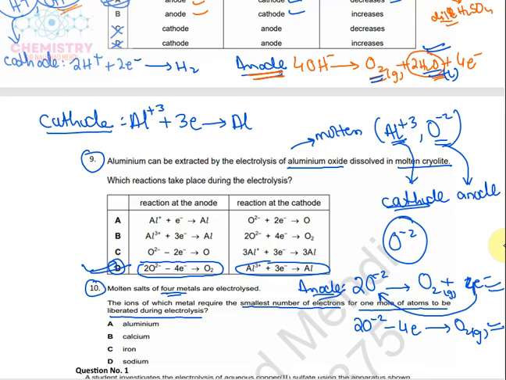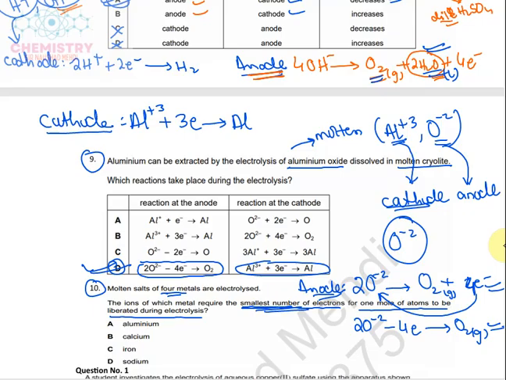Obviously, the ion of a metal is always a cation. So they are asking which metal cation would be gaining the smallest number of electrons.